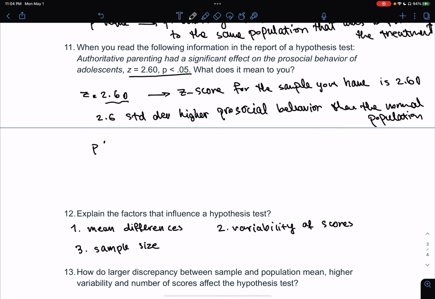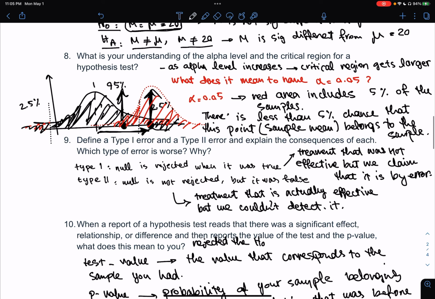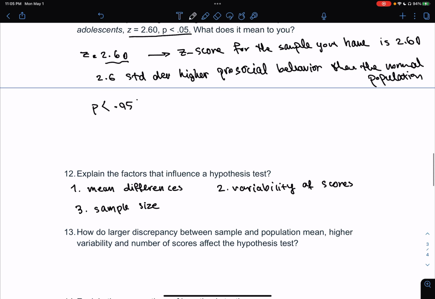And then the p that is smaller than 0.05 is basically a similar thing that we talked about here.